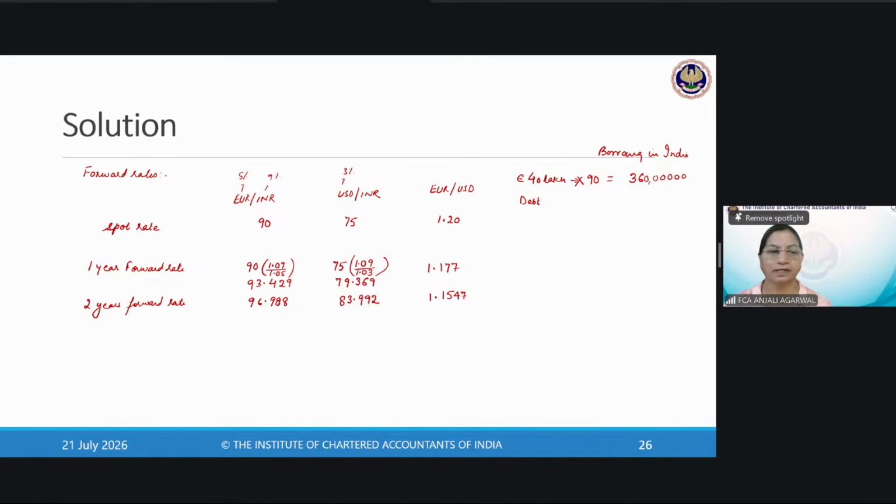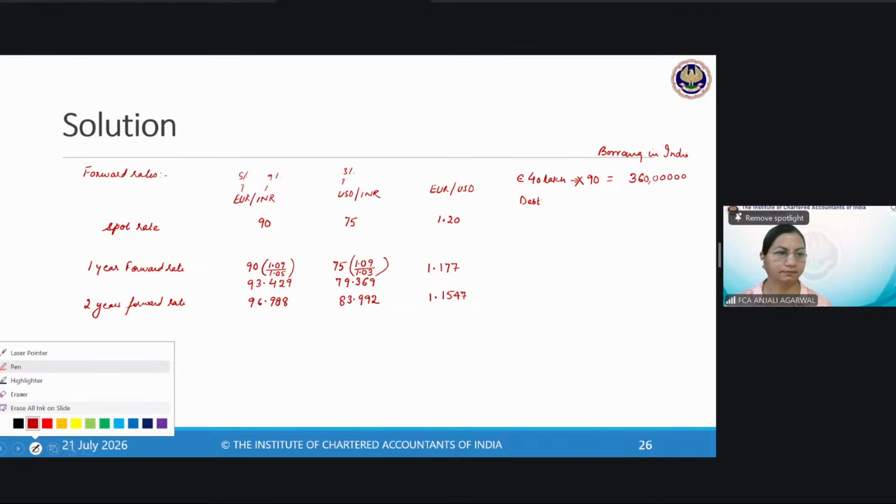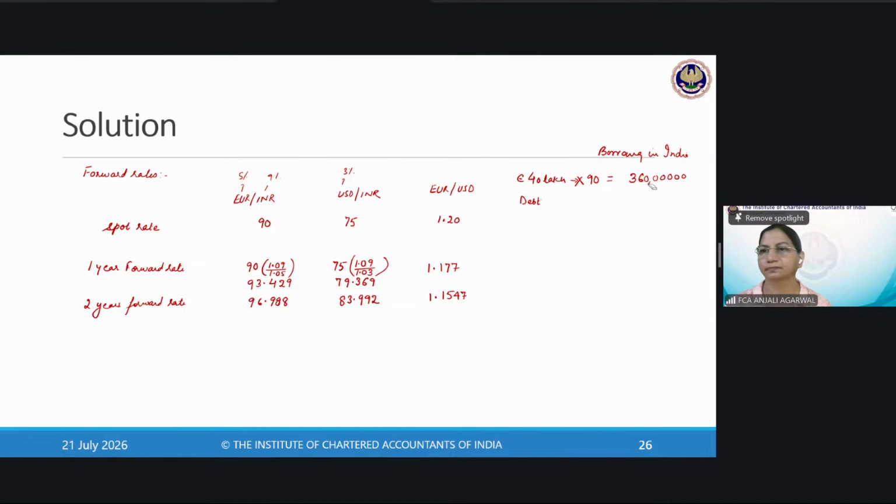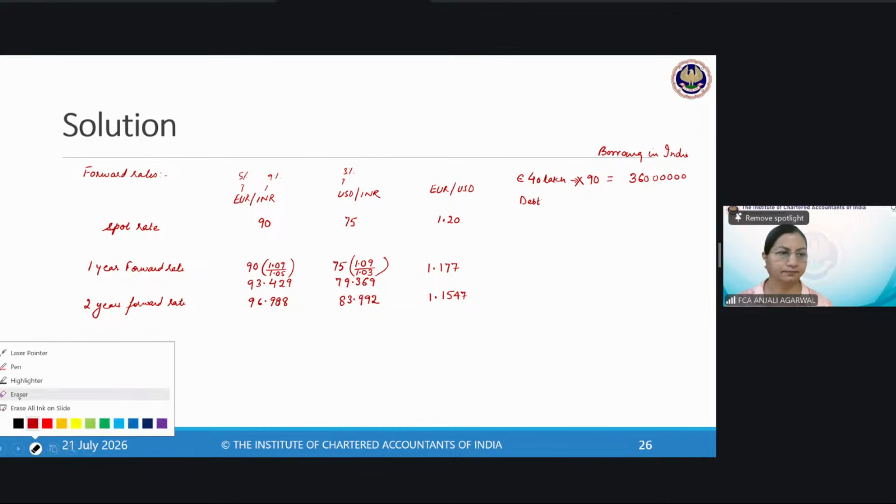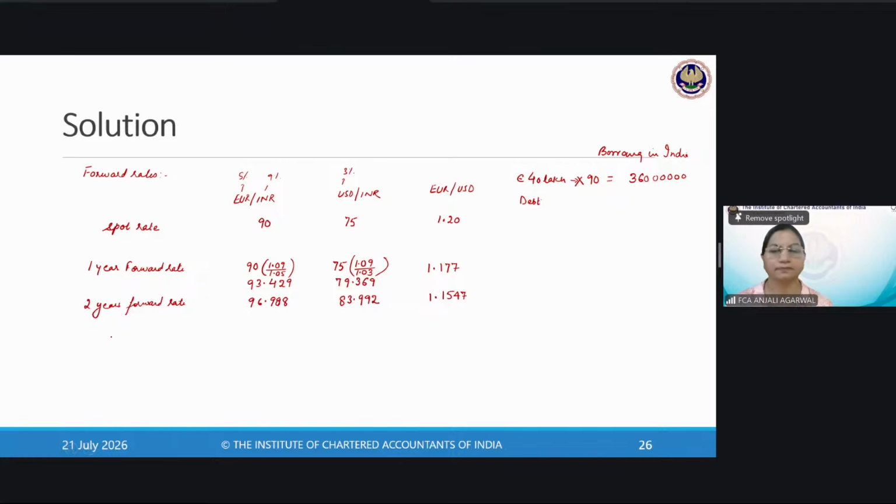That is 3,600 lakhs, and the debt would be 1,800 lakhs.